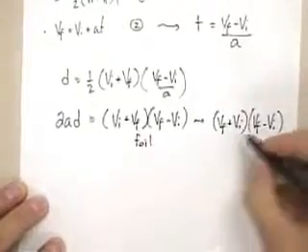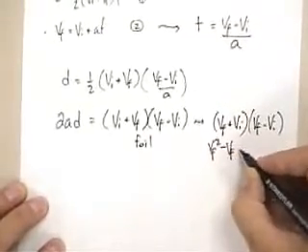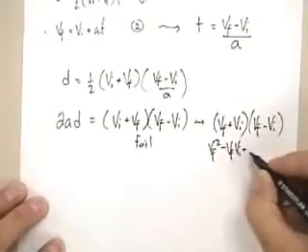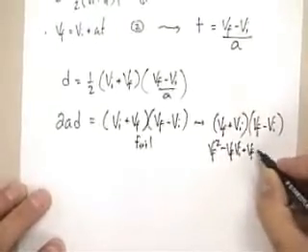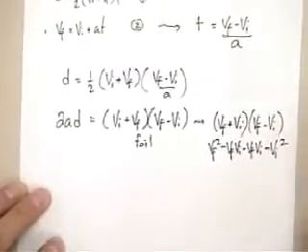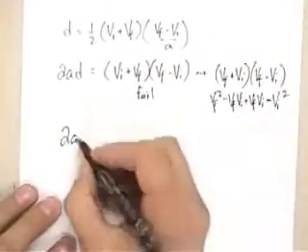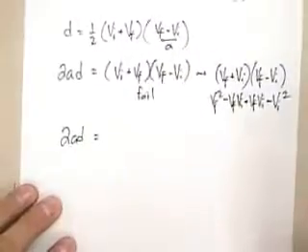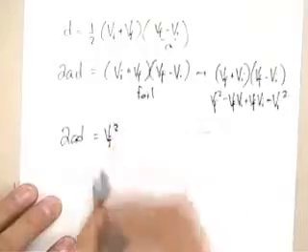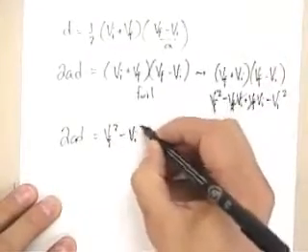Okay, when I FOIL this, I'm going to get VF squared minus VF VI plus VF VI minus VI squared. So let's get that all simplified out. 2AD equals VF squared, that cancels, minus VI squared.